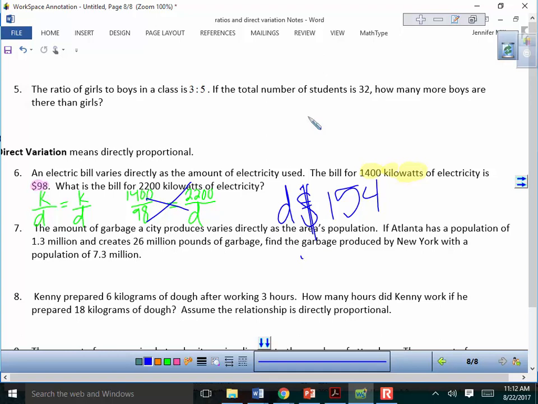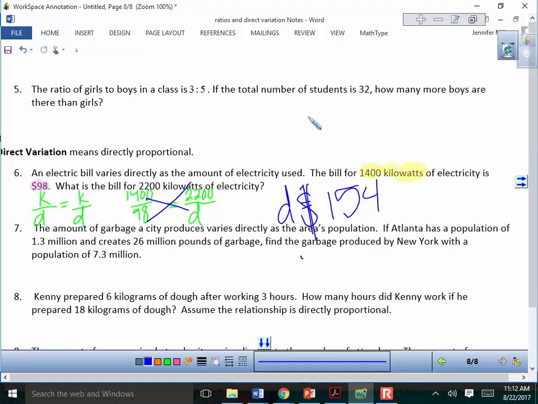No, I mean, when something varies directly, it's like when you have 1 and you have 2, you have 3. Things that vary directly mean that one thing increases, another thing increases, or one thing decreases, another thing decreases. So does it make sense that the population of a city and the amount of trash they have vary directly?